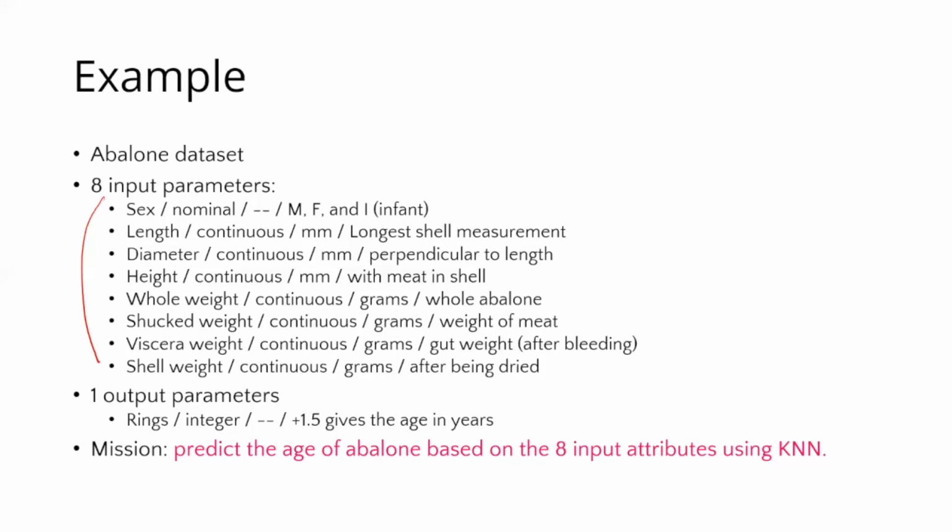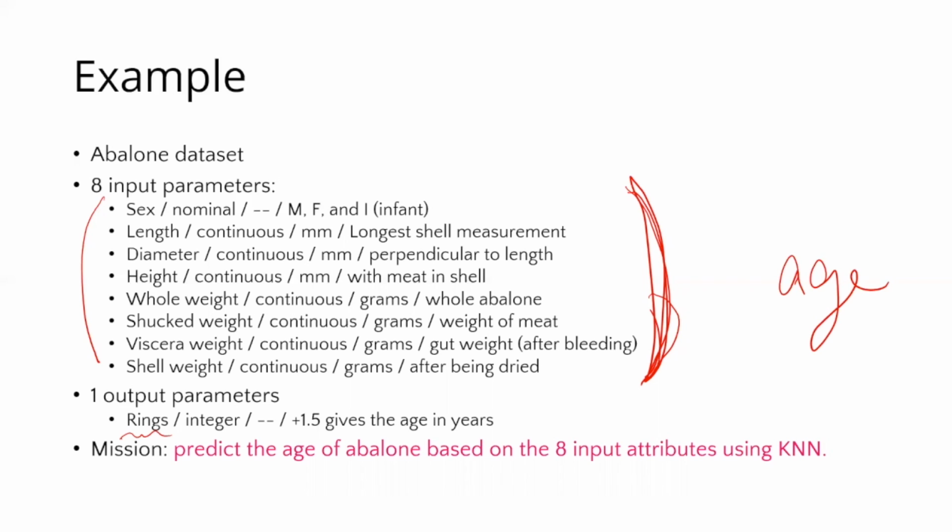And then there are a couple of weight measures. Whole weight is the weight of the abalone, not only the meat but also the shell. Shucked weight is the weight of the meat itself. Viscera weight, shell weight. Those are the parameters that describe abalone. And then people found that there was a pretty good correlation between these 8 parameters and the age of an abalone. And the age of an abalone, interestingly, can be captured by counting the number of rings. Okay.